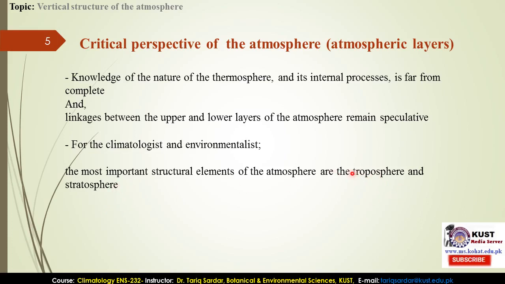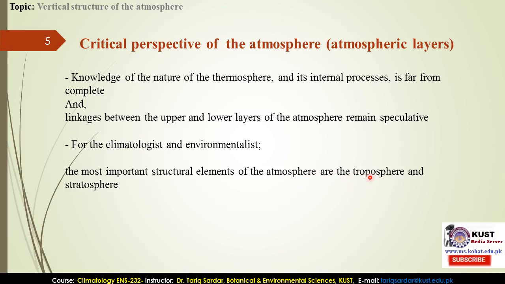In that layer, ozone depletion is a point of concern for climatologists, observational scientists and other national and international agencies, because of the processes that happen in those two levels. So these are very beneficial layers, and that's why they are called structural layers from the environment and climatology perspective.